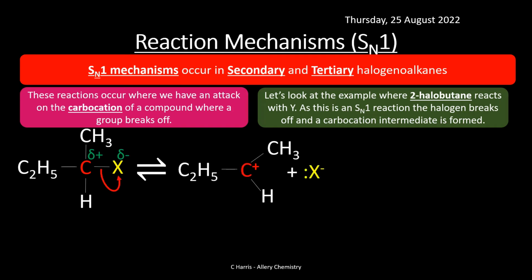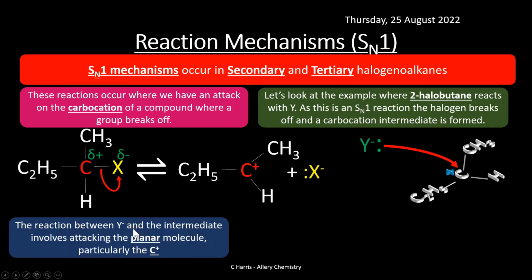So what we've got is your halogen, which is here. This halogen is bonded to a carbon, which is bonded to two other carbons, so this is a secondary halogenoalkane. The halogen is going to break off first, and then you're going to have a carbocation intermediate here, and then you've got your halide ion, which is over here.